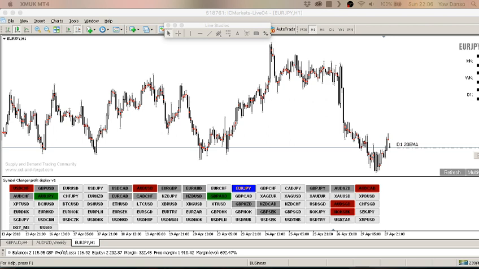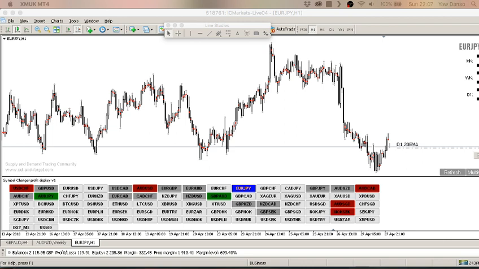When it comes to analyzing the chart, we're going to go through something called strategy. Every forex trader trades with a strategy. Based on your strategy, that's what you're going to analyze the market with. We have so many of them. I started with supply and demand.